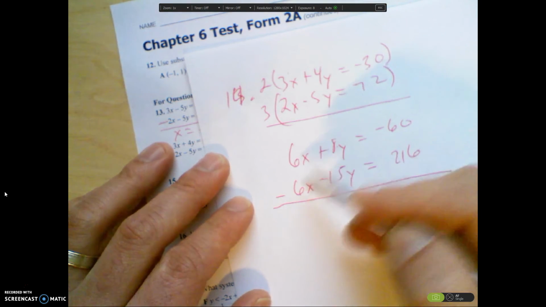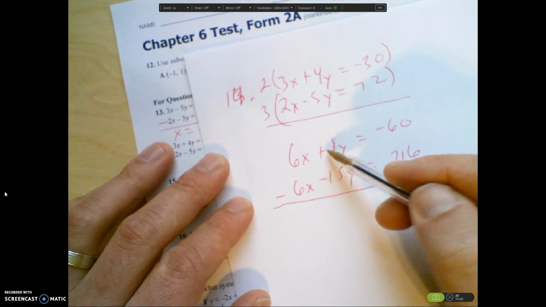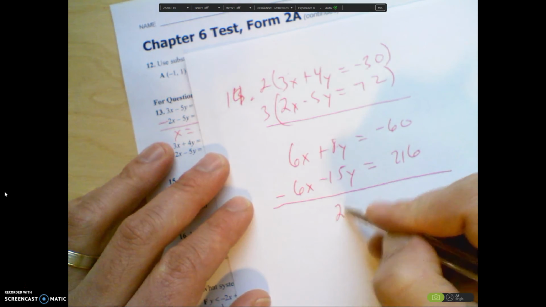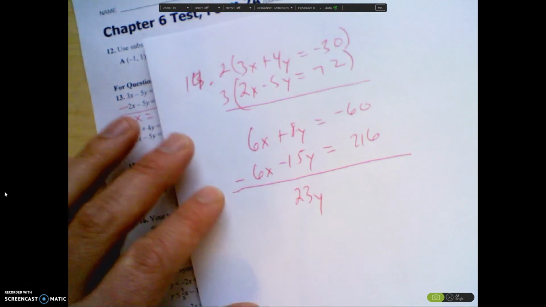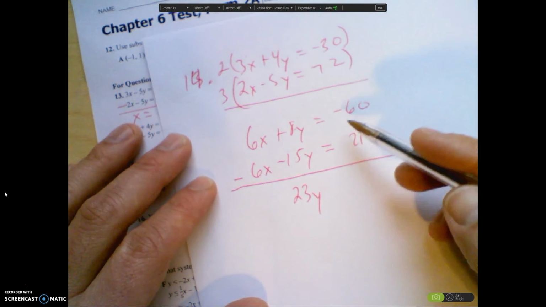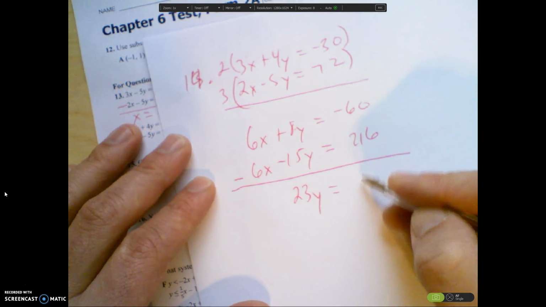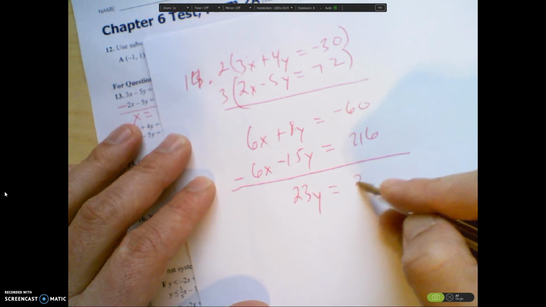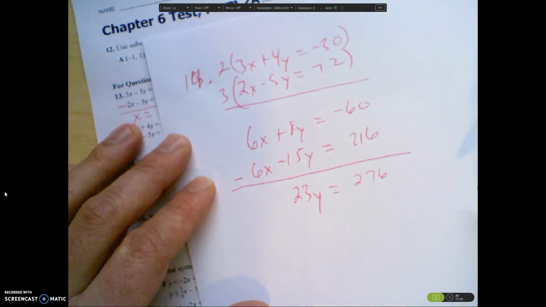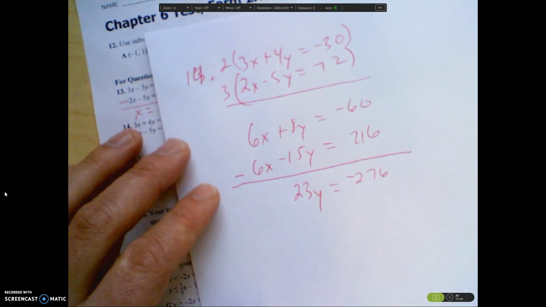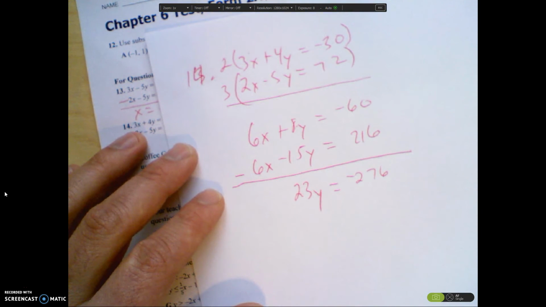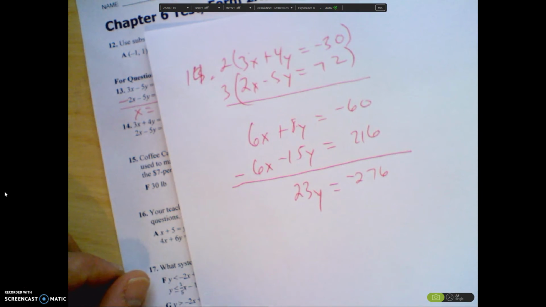And 8 minus negative 15 is actually 8 plus 15, which is 23y. Then negative 60 minus 216, we're actually going to add these two numbers, and that's going to give us negative 276.